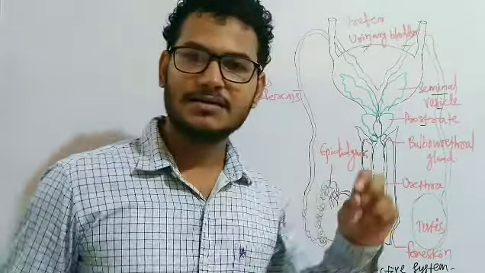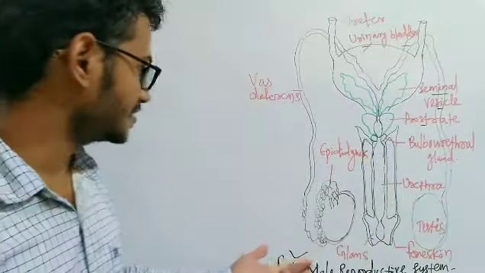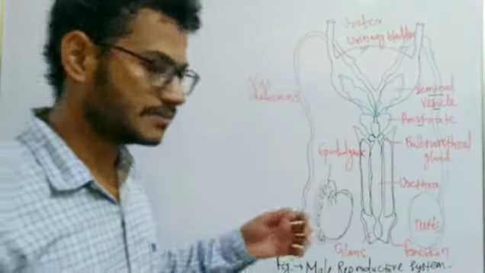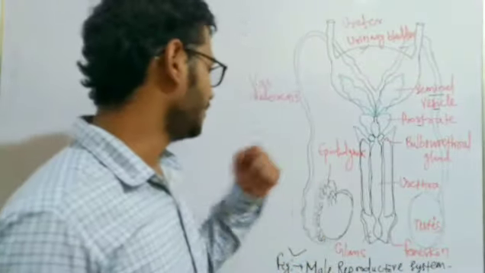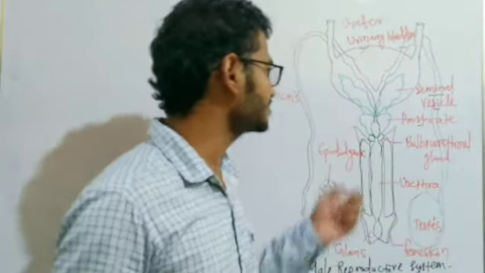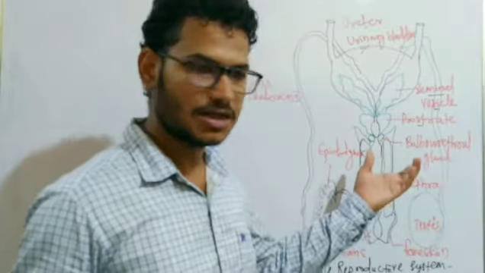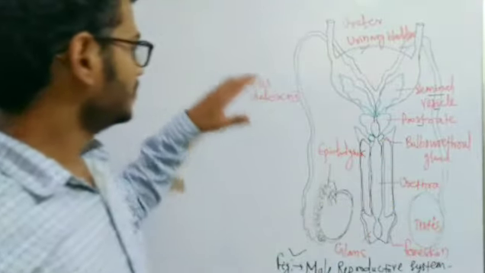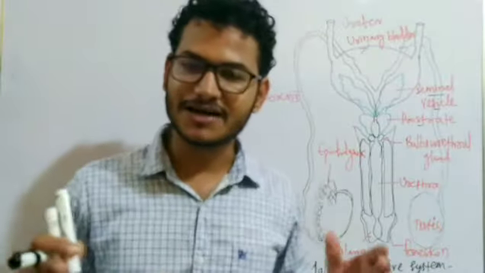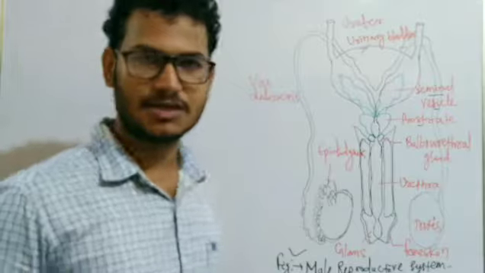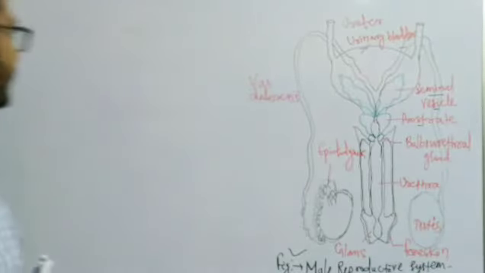How the sperm are formed in the seminiferous tubules, become motile, active and viable in the epididymis, and then come out through the vas deferens into the abdominal cavity and outside through the urethra. So let's discuss the different glands associated with this structure in detail.